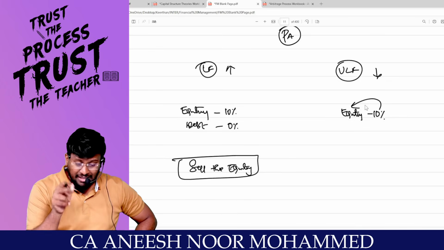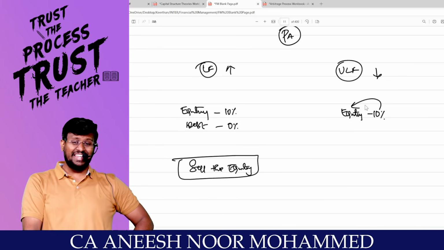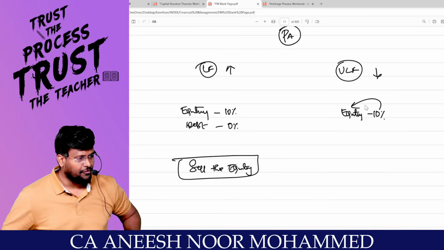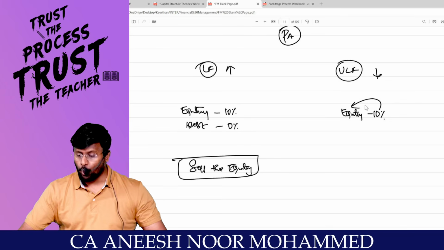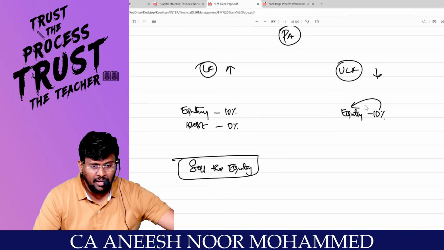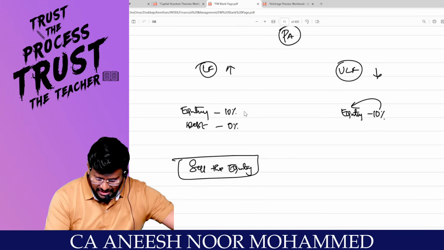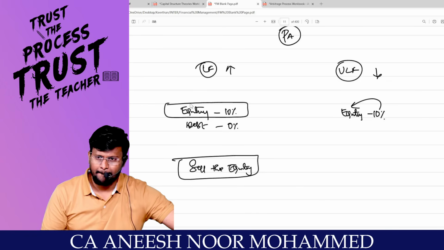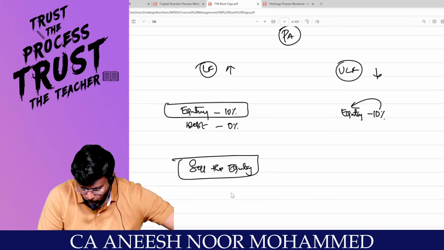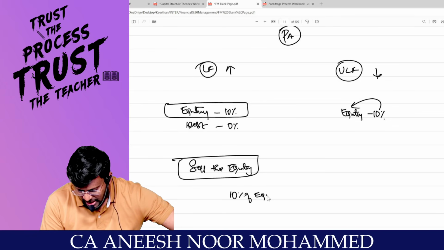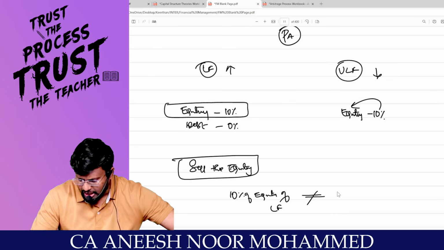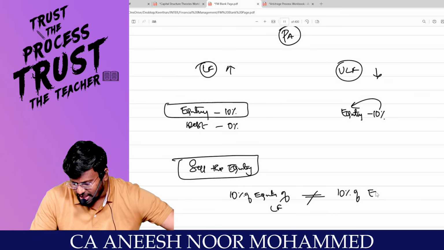But the risk has changed. Earlier you were holding only equity of the levered firm, but now you are holding 10% of the equity of the unlevered firm. So 10% holding in the equity of the levered firm is not equal to 10% equity of the unlevered firm.